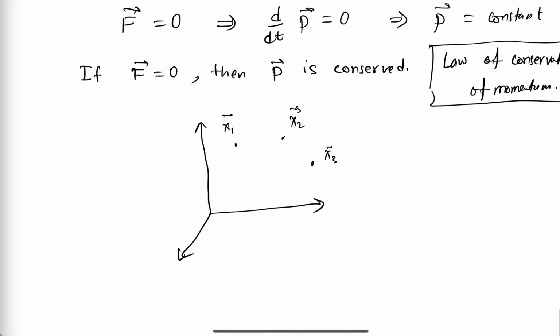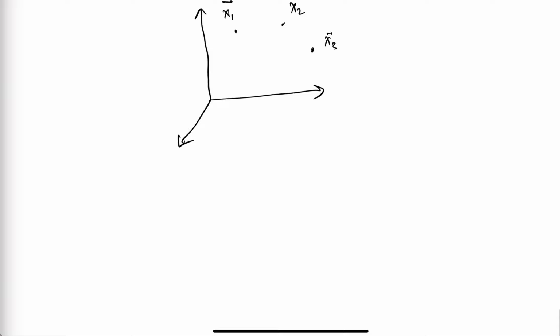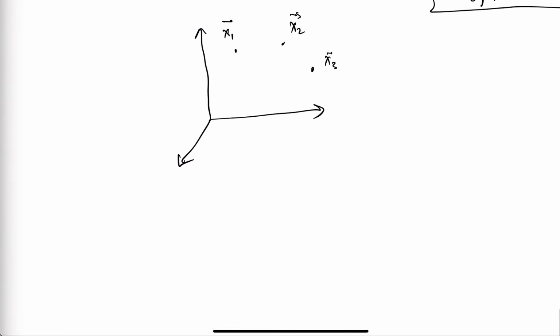And if there are multiple particles, then if you apply a force, the force could be applied to multiple particles, and these particles could be interacting with each other also through some kind of force. Like if these particles have charges on them, they might be attracting or repelling each other. If they have mass, of course, they will attract each other due to gravitational force. And there could be some external force acting on these particles.